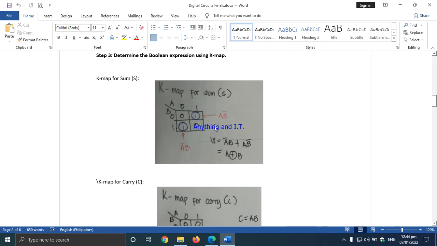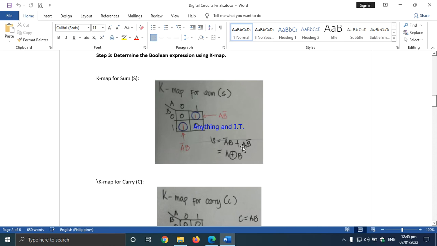Now, if you research or review our XOR gate, if you see this pattern, you can simplify it as A XOR B.